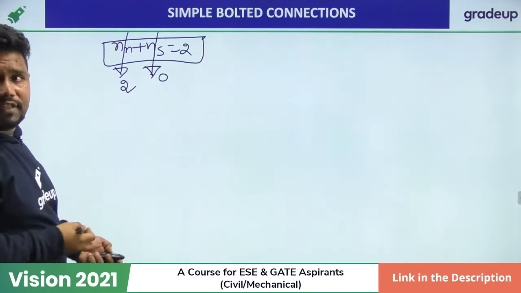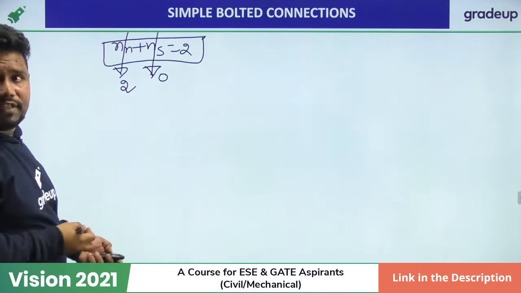So the aggregate thickness of main plates is 12, whereas the thickness of the gusset plate is 8. So T here I need to consider as either 8 or 6 plus 6, whichever is less. In that case I need to consider 8 millimeter. So 2.5 D into T into KB.